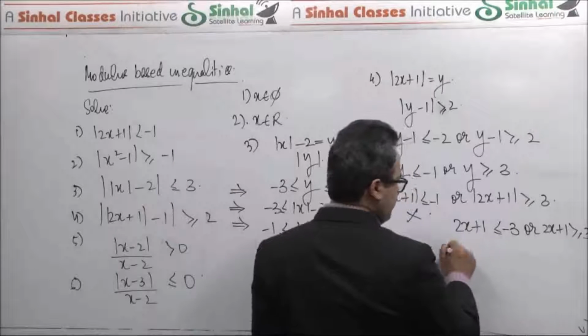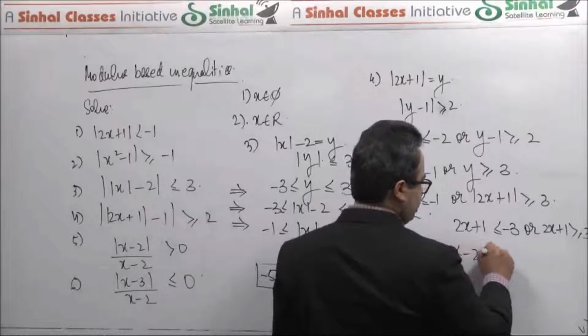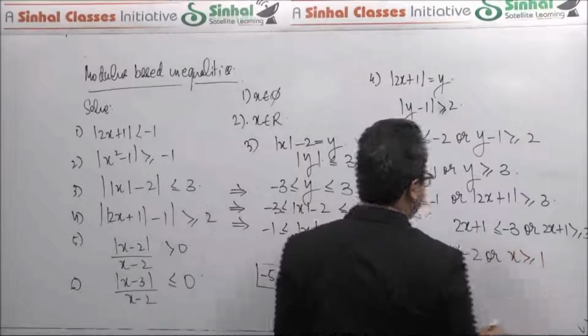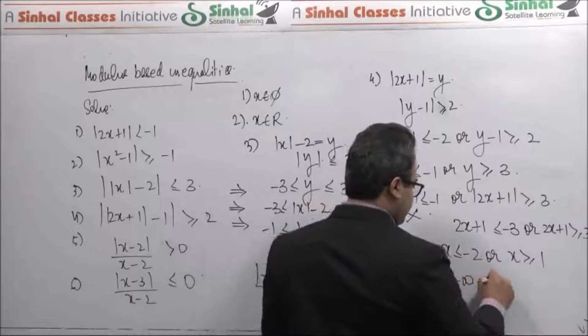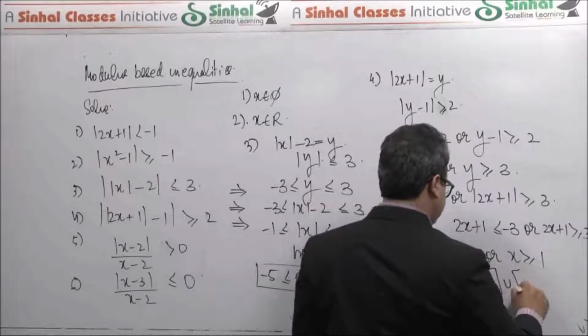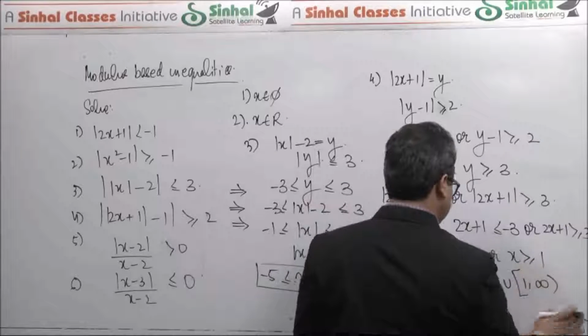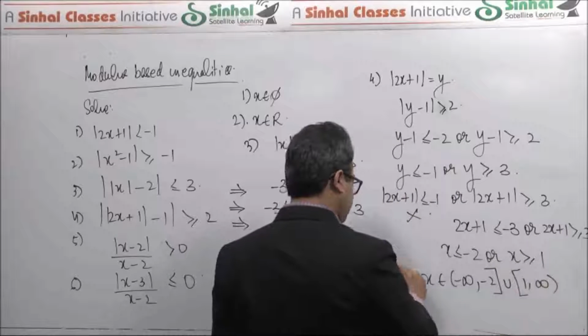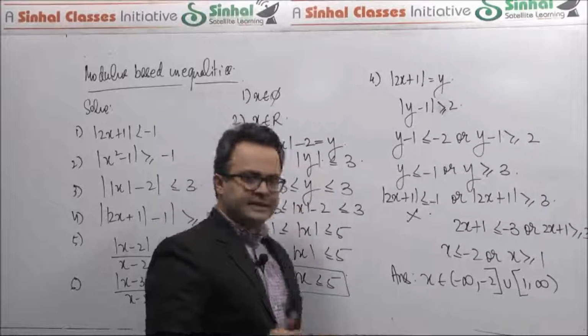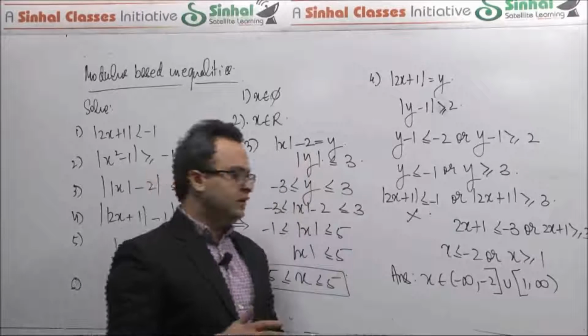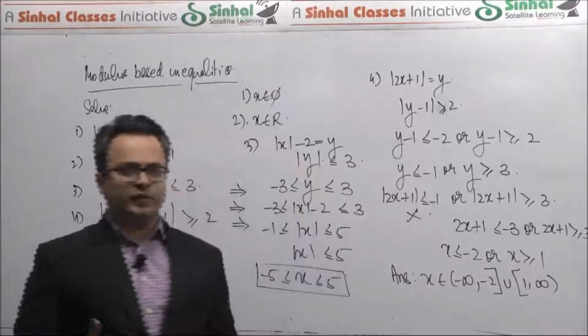So then this is our final solution set. So final answer is that x can take values less than equal to minus 2, or it can take values which are greater than or equal to 1.